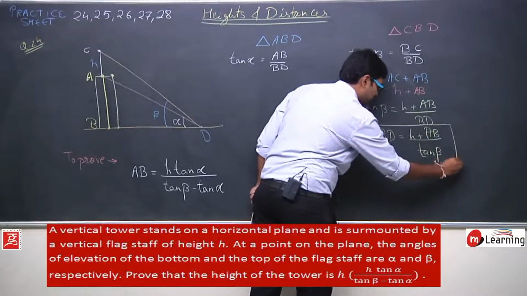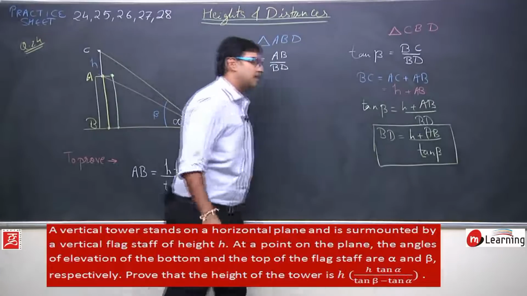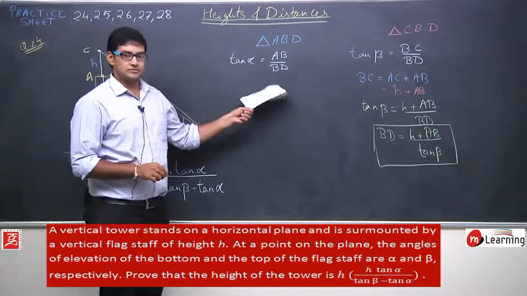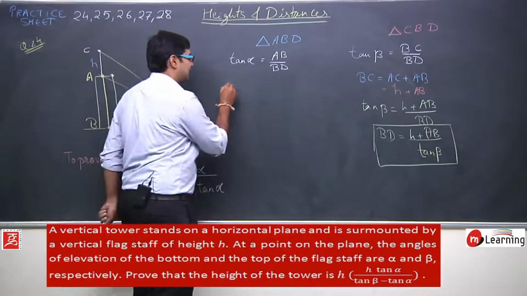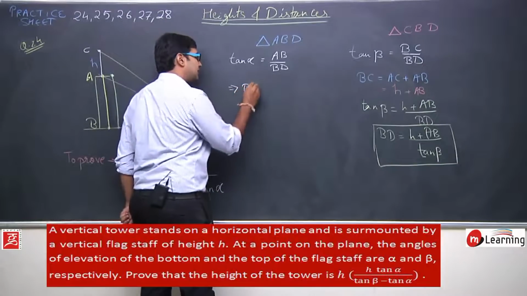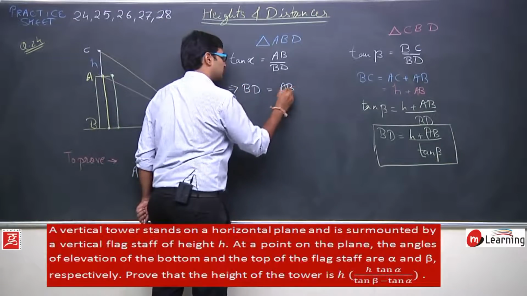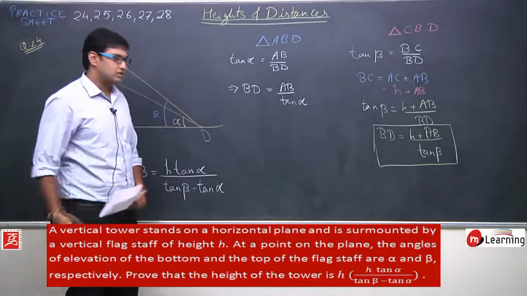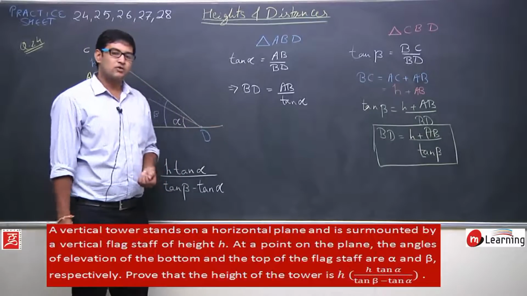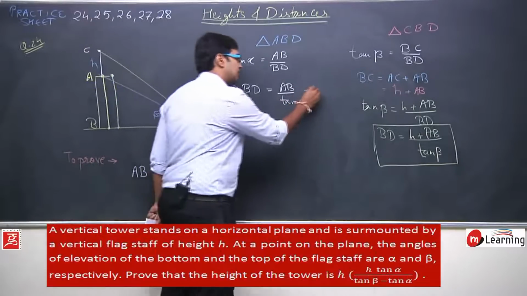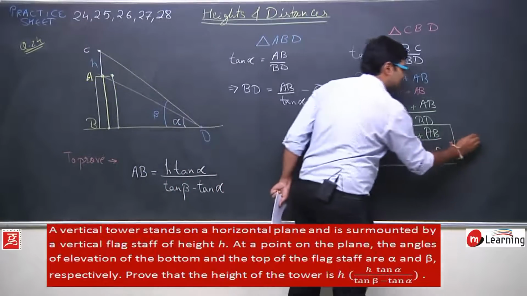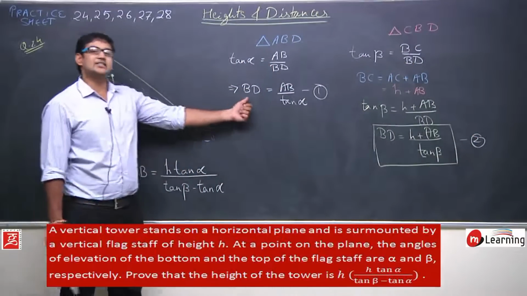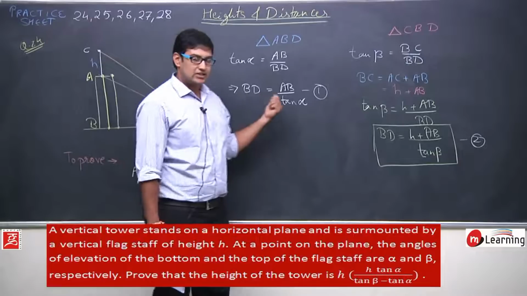This is the value of BD. Now observe this condition. From this condition I can write the value of BD is equal to AB upon tan alpha. If I assume that this is the first equation and this is the second equation, I can see both equations contain BD on the LHS.